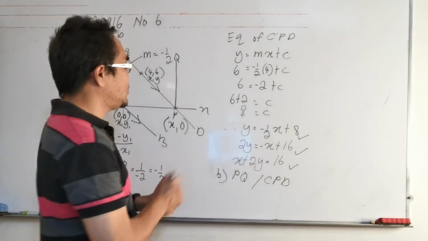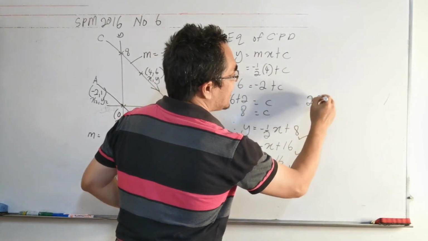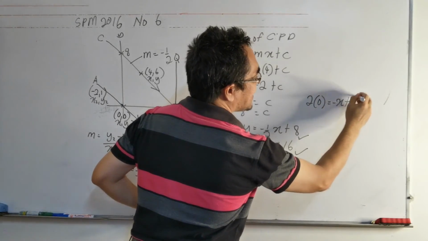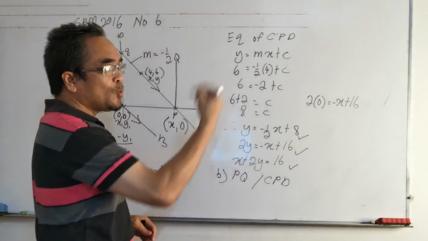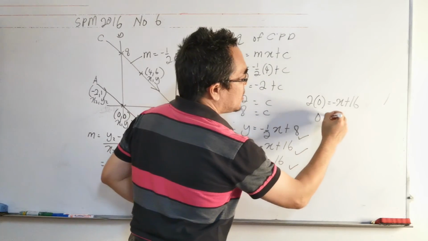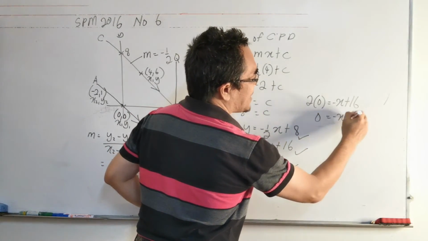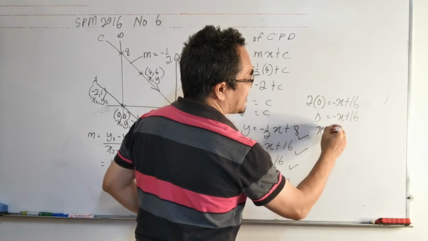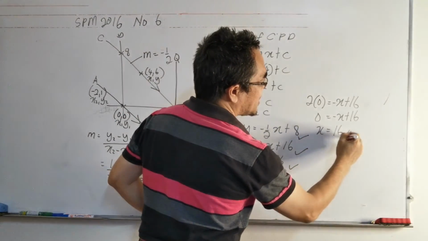For example, I take this one. I replace: 2 times 0 equals negative x plus 16. So 2 times 0 will be 0, so negative x plus 16. In order to know x, I move negative x to the other side, so x equals 16.